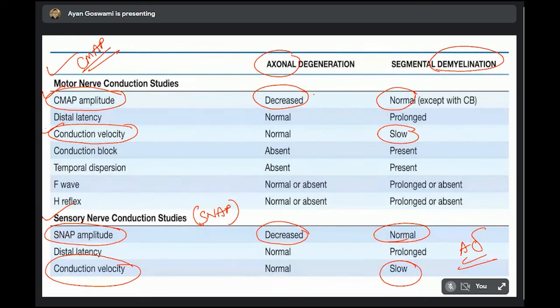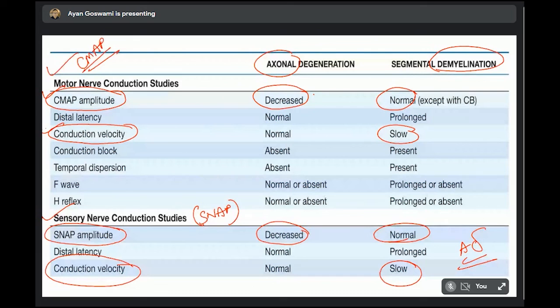So it will be both large fiber, axonal and demyelinating. My CMAP amplitude is decreased, and conduction velocity is also decreased, right? CMAP amplitude is decreased, conduction velocity is also decreased.